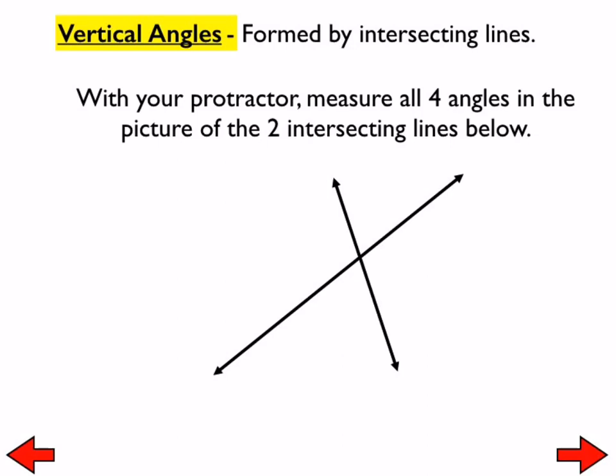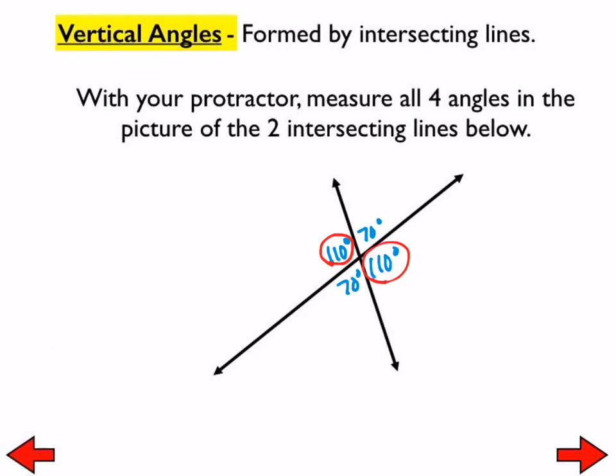So when you did your measuring here, you should have come up with something like this. This one was 70, this one was 110, this one was 70, and this one was 110. That's what you should have measured. And so what we're trying to see here is that the angles that are across from each other, this angle and this angle, which happen to be vertical angles, they are the same.